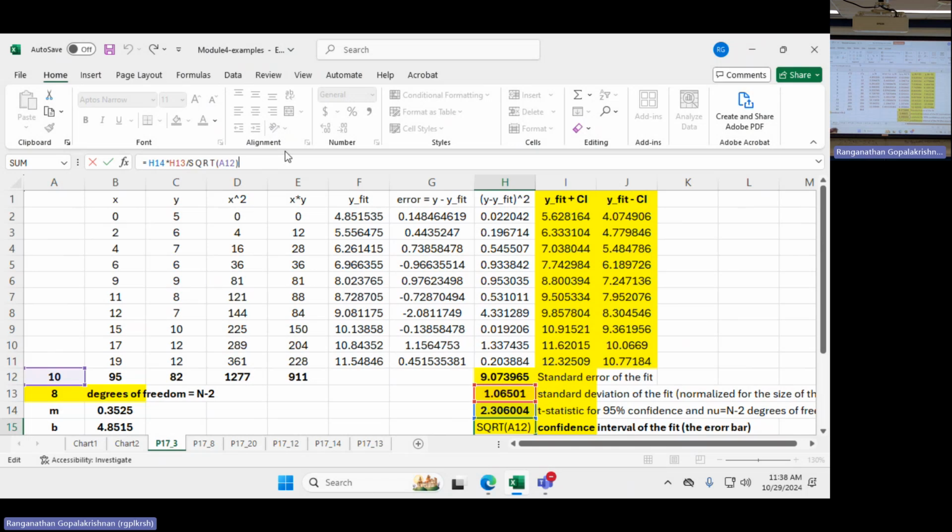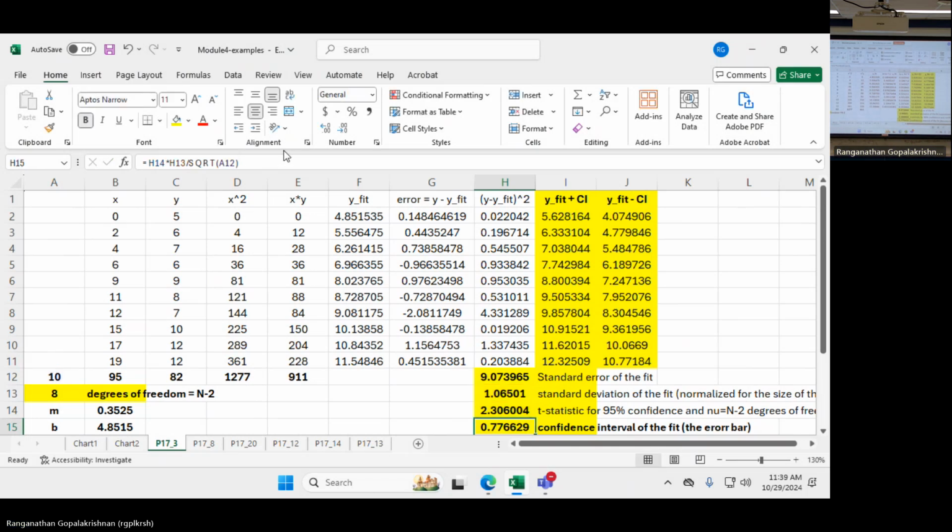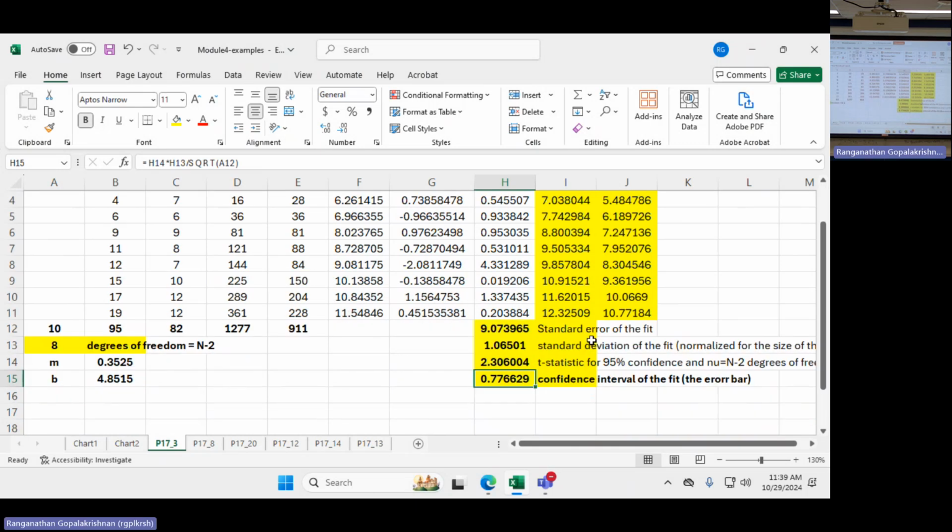So it is this value t statistic multiplied by standard deviation divided by square root of 10. And that value comes out to be 0.7766 in this example.